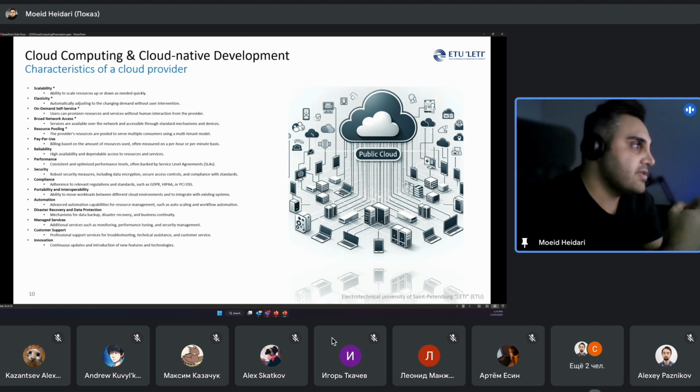Disaster recovery and data protection. We need to have specific mechanisms for data backup, disaster recovery, and business continuity. So it means when you subscribe to a cloud providing system, these providers should provide you some disaster recovery mechanism in case of losing any data, in case of any server downtime or anything.